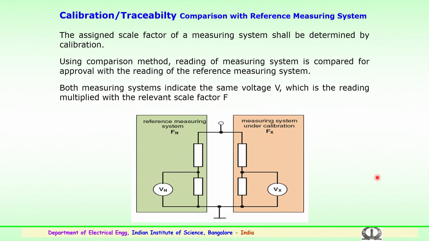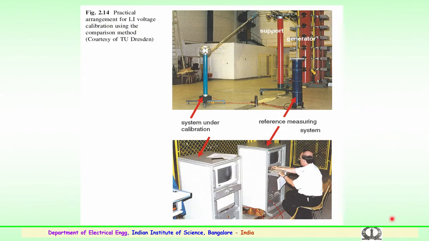Both measuring systems indicate the same voltage V, which is the reading multiplied by the relevant scale factor. This is the reference measuring system and this is the measuring system under calibration. Both have to show the same value, then the equipment can be traceable to the main equipment, and the results obtained can be accurate. So, calibration and traceability are equally important for any measuring devices used in high voltage laboratories.